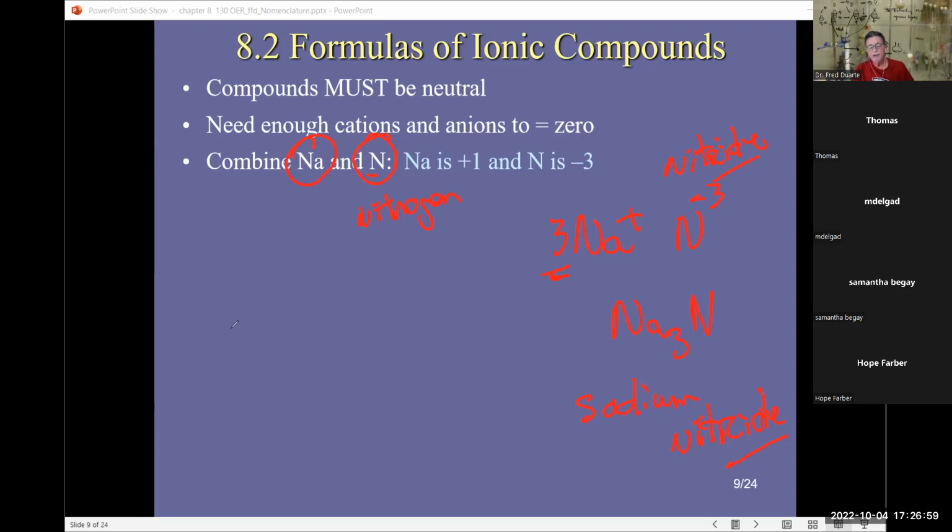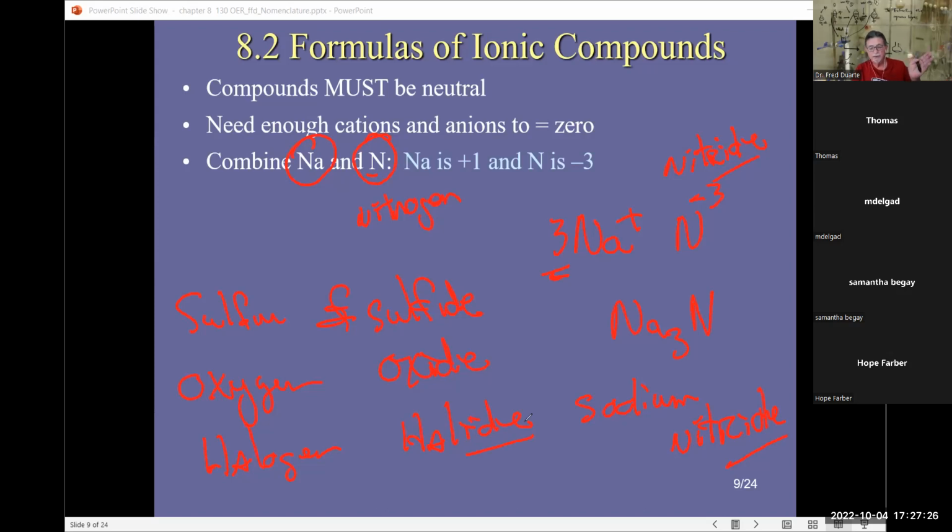Nitrogen became nitride. Sulfur will become sulfide. Oxygen will become oxide. Okay. All of the halogens, from fluorine down, become the halides.